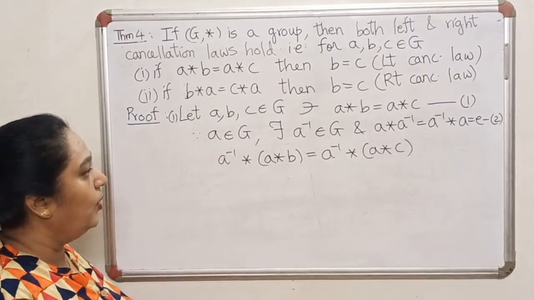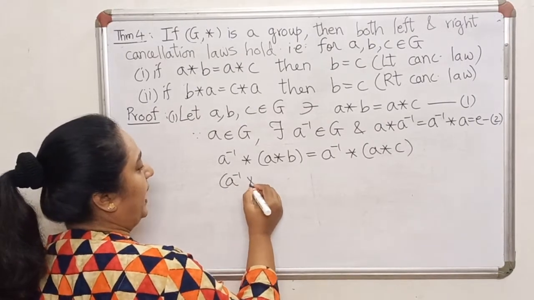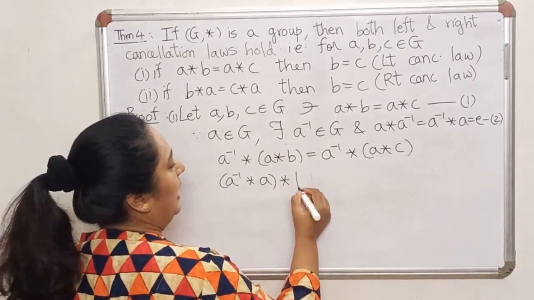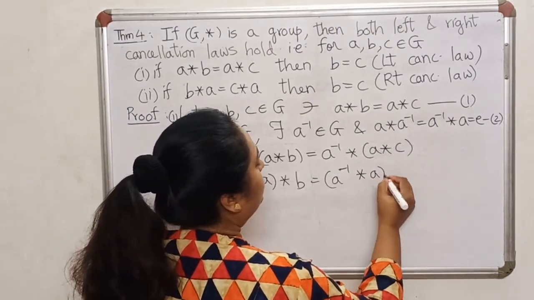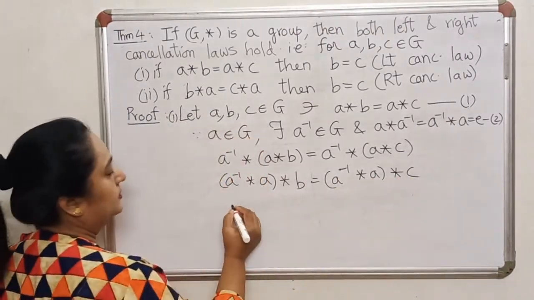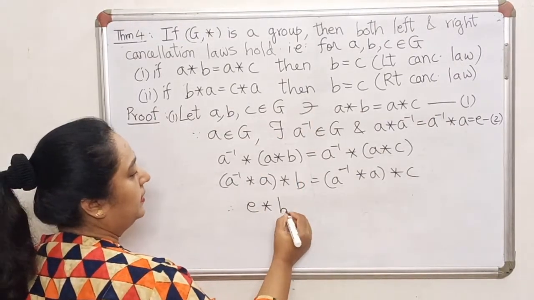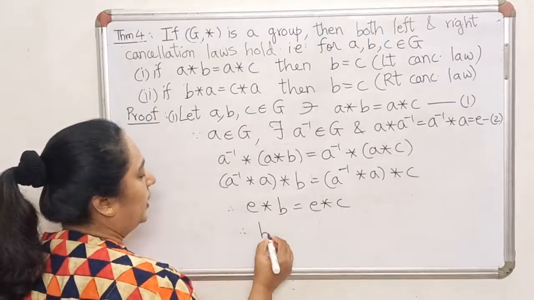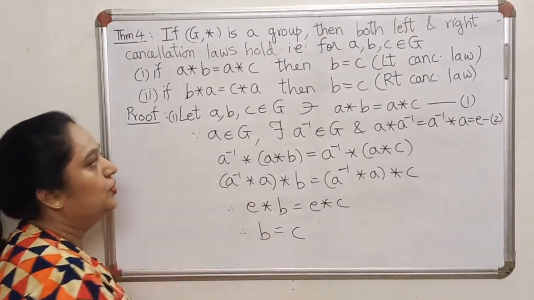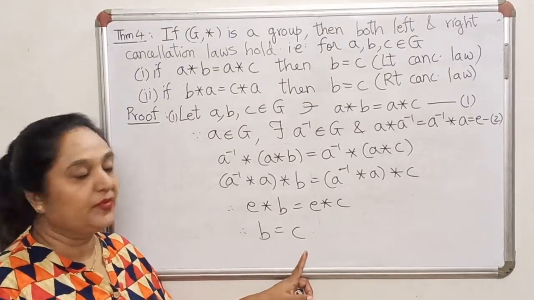And now if you use the associative property, you can shift the brackets, and this is what you will get. And A inverse star A is identity. Identity combined with any element of the group is that element. So we come up with the conclusion that B is equal to C.